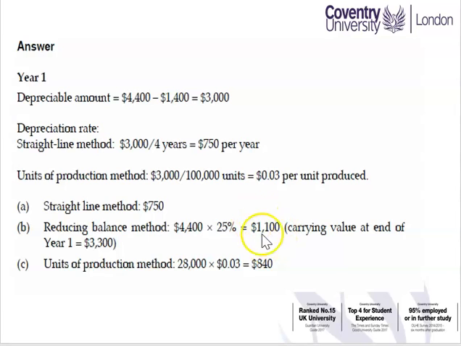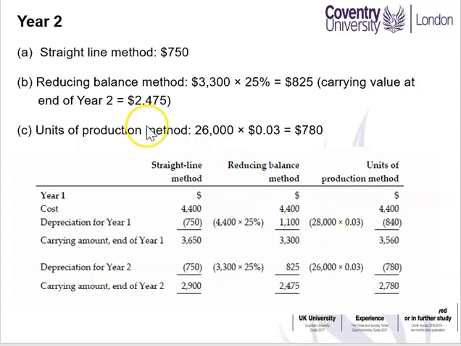If you deduct 1,100 from 4,400, you are left with a balance of 3,300, and 25% will be applied to this in year 2. As far as the units of production method is concerned, we've produced 28,000 units at 3 cents, which is $840. In year 2, again the straight line method is the same, $750 each year.